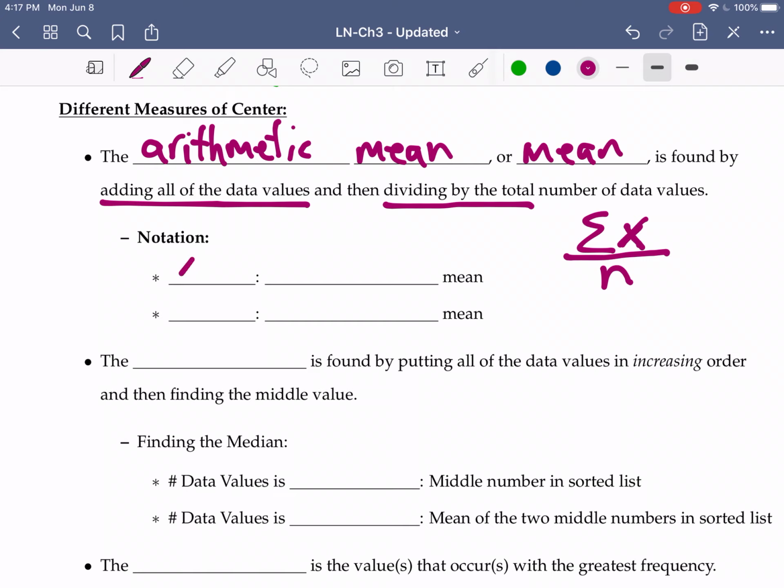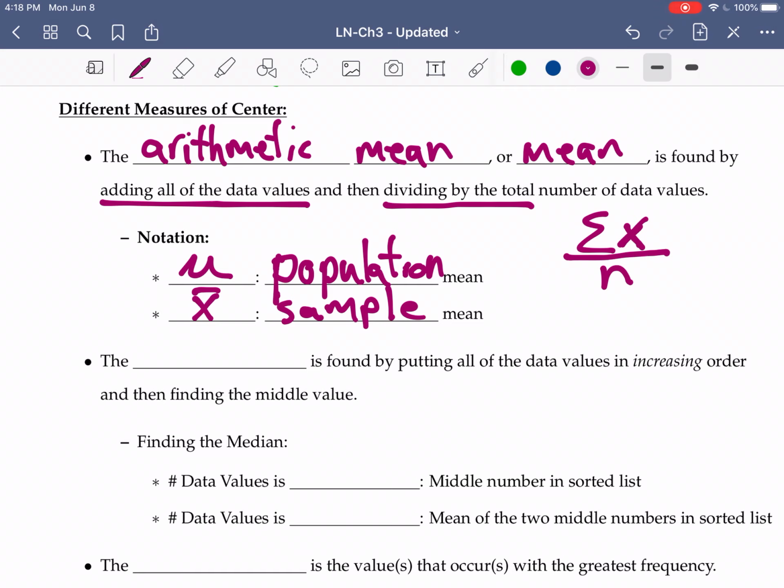We use a Greek letter mu to represent a population mean. And we use an x with a bar over it to represent a sample mean. So if we have information just from a subset of the population, we use an x bar.